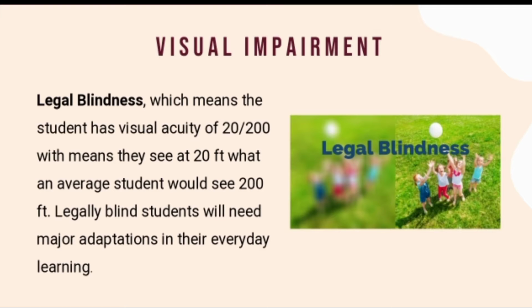In determining legal blindness, visual fields, the part of a person's vision that enables them to see what is happening to the side of them, is also considered. A visual field of 20 degrees or less is considered to be legally blind. Eye care professionals can assist in diagnosing legal blindness.